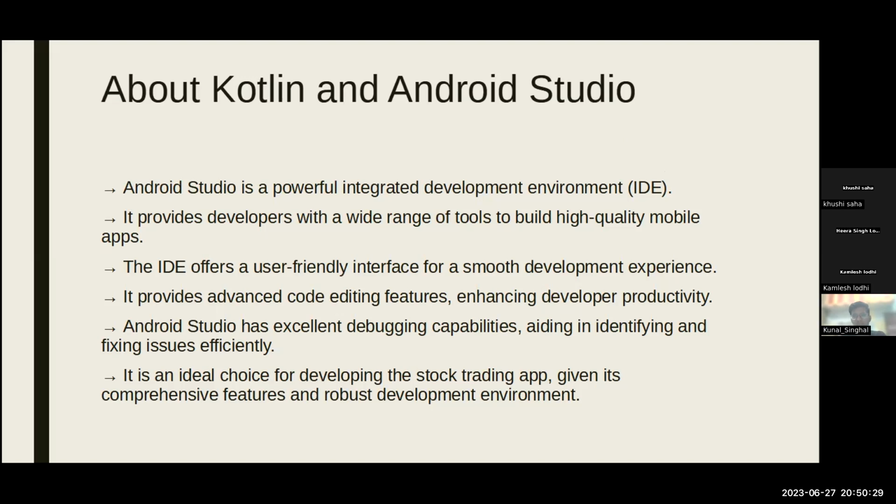Android Studio also comes with inbuilt emulators, which we can use, and various APIs, so that users can develop easily and provide basic features. With excellent debugging, it is an ideal choice for developing the stock trading app, given its comprehensive features and robust development environment.